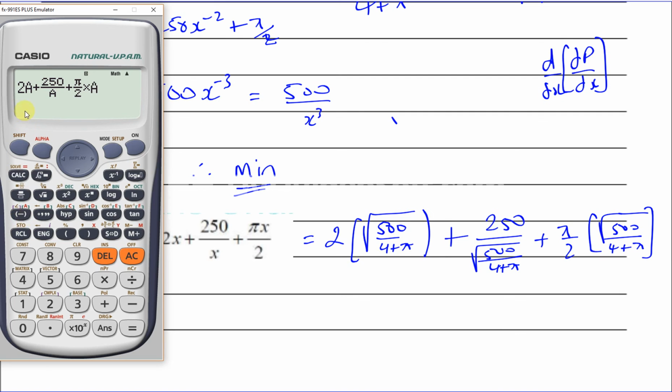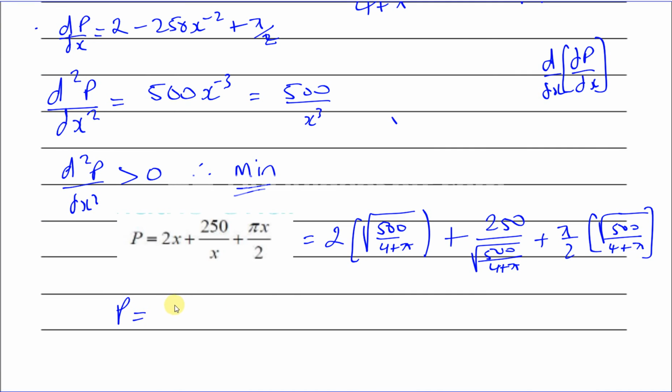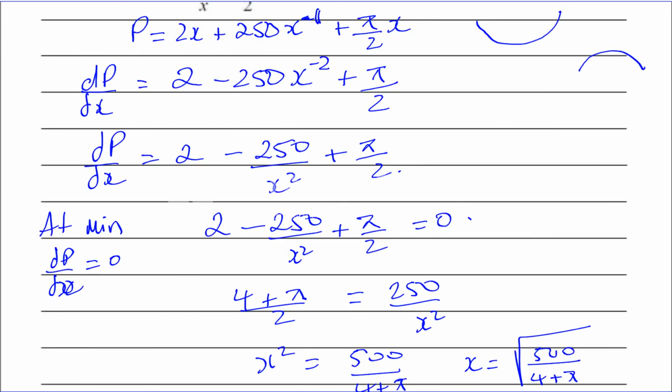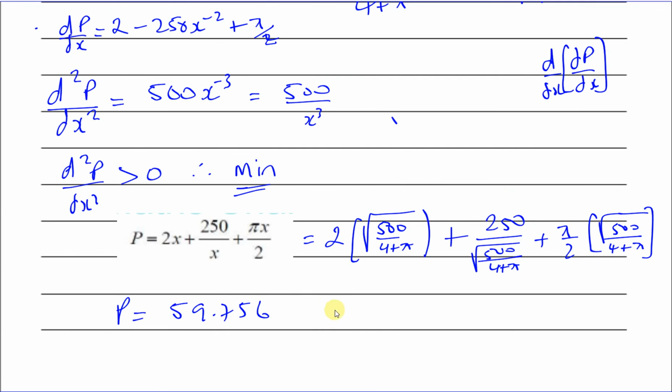So that's 2 times root 500 over 4 plus pi, plus 250 divided by that, plus pi over 2 times that, and that gives me 59.756. And how do they tell us to round it? To 3 significant figures. So that's going to be 59.8 meters is our answer. And that's the end of that question.